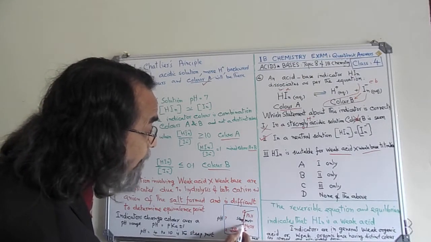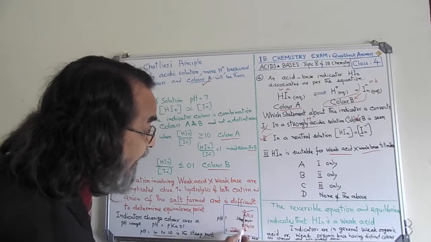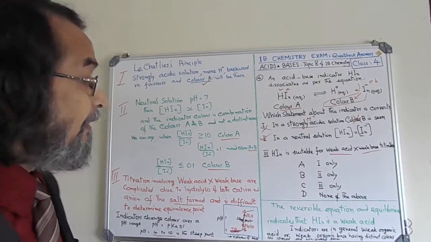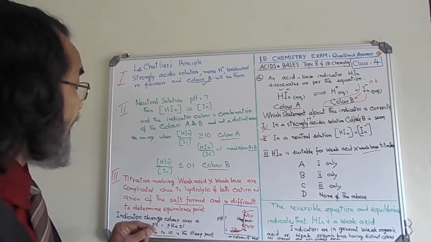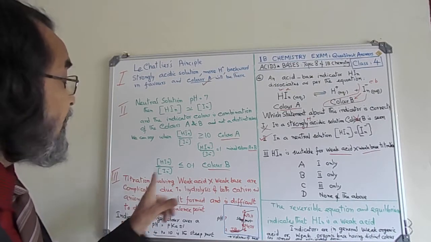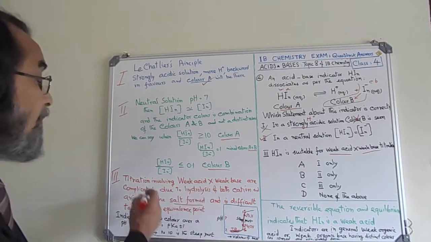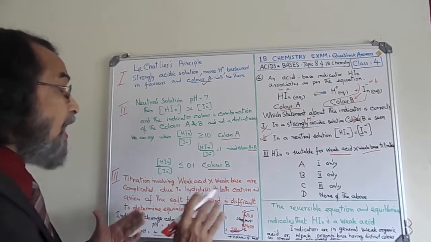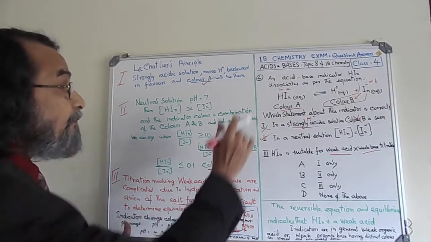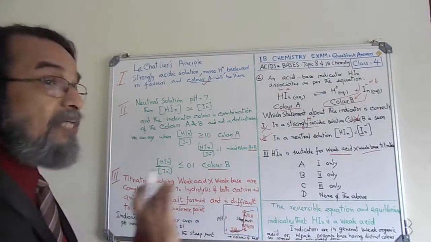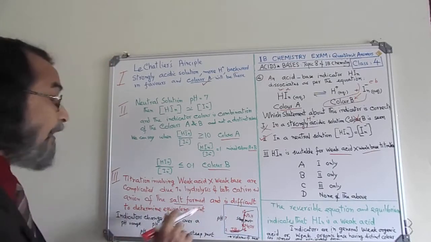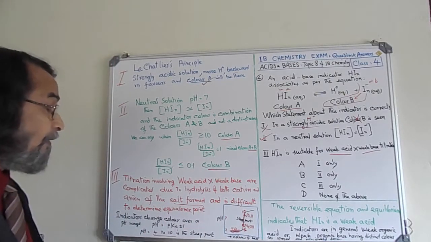Instead of a sharp point, we have a wide range, and using this titration method, we cannot determine the endpoint exactly. So, titrations involving weak acid and weak base are complicated due to hydrolysis of both cation and anion of the salt formed, and normal indicators are not at all suitable for that purpose. It is difficult to determine the equivalence point also.